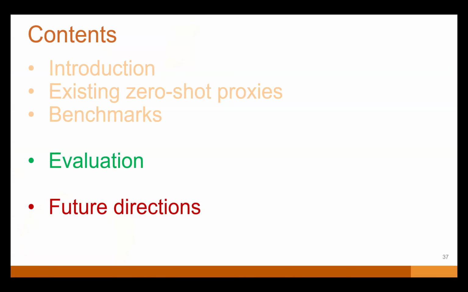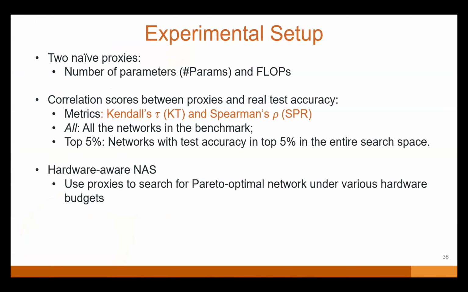Okay, so coming back to the more general evaluations, I want to show a few of them that are based on 2 metrics: Spearman and Kendall. Spearman SPR here, the raw parameters, and Kendall's tau for both. All case when all the networks in the benchmark are considered, or top 5% when we look at the top 5 solutions.